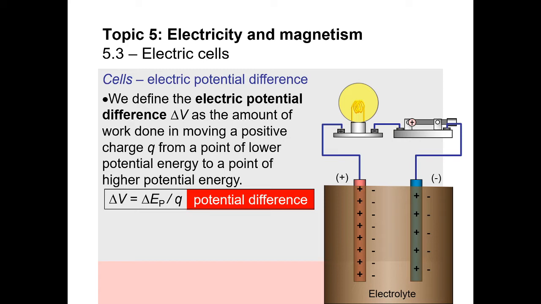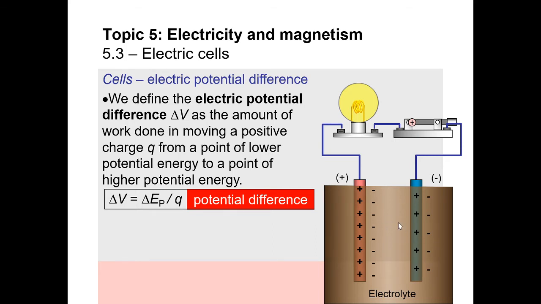Now, electric potential difference. The reason why we say it's a potential difference is because looking in the electric cell, we have two electrodes, one that has a greater negative charge and one that has a lesser negative charge. So one that looks more positive and one that looks more negative, from the point of view of whatever charge you happen to be looking from. Now, each one of these electrodes has its own voltage.